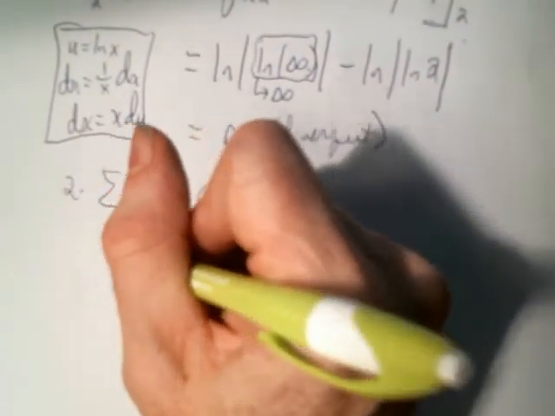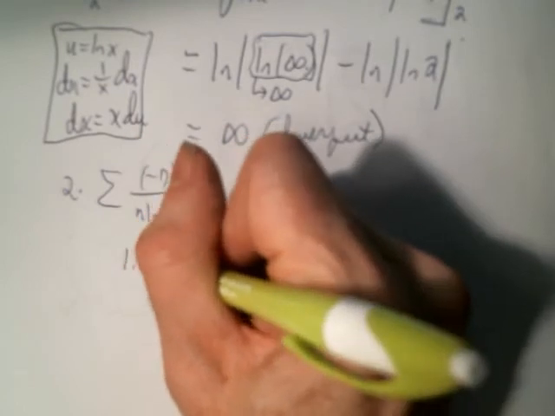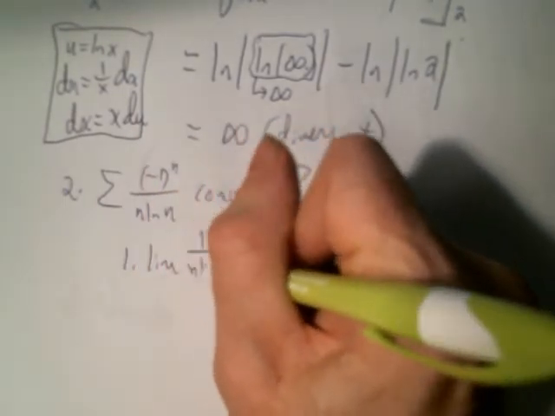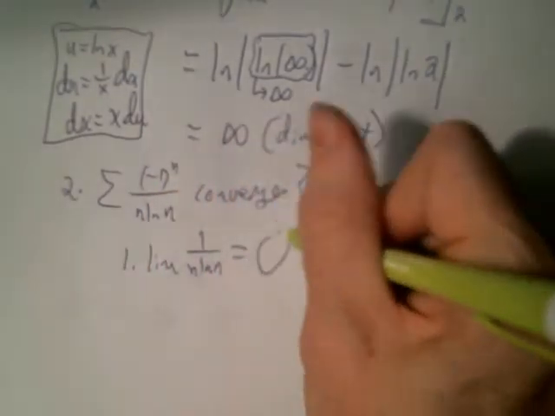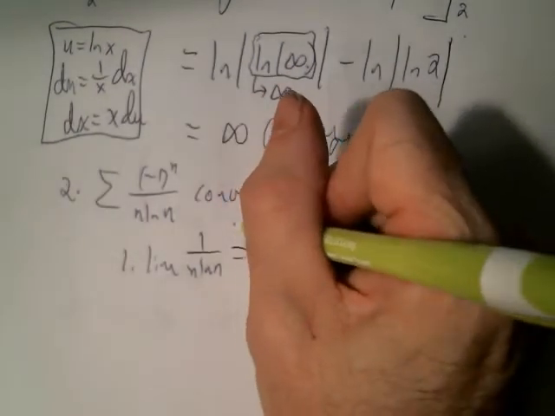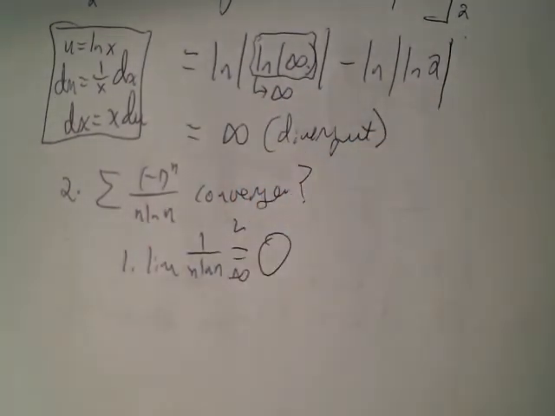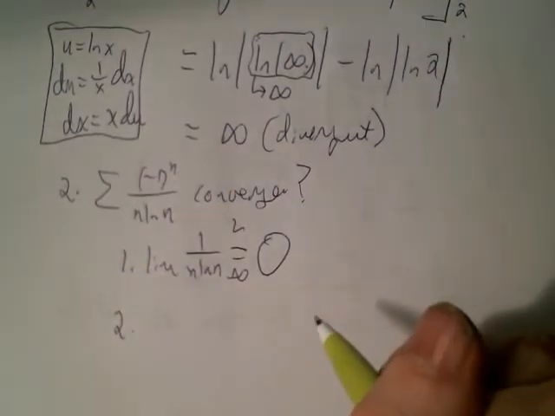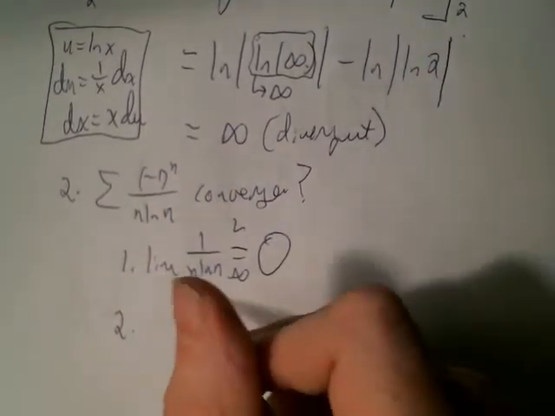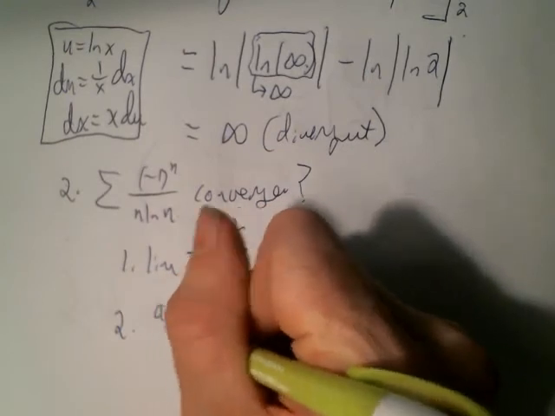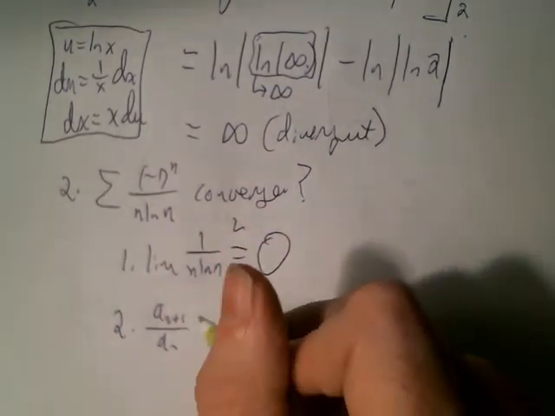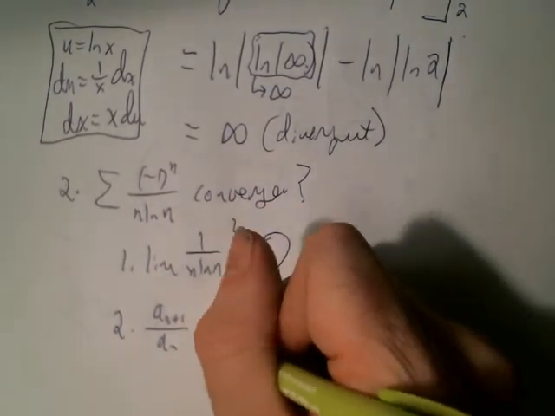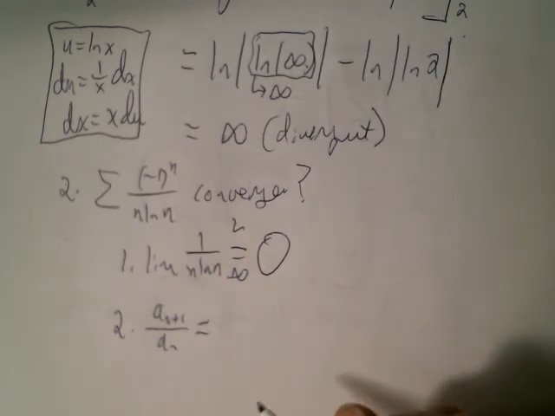So firstly, we look at the limit of 1 all over n ln n, and certainly that goes to 0. It's L over infinity. Secondly, we could probably do some sort of a sub n plus 1 all over a sub n test. If you don't like that, you can apply a derivative and that would get the job done.